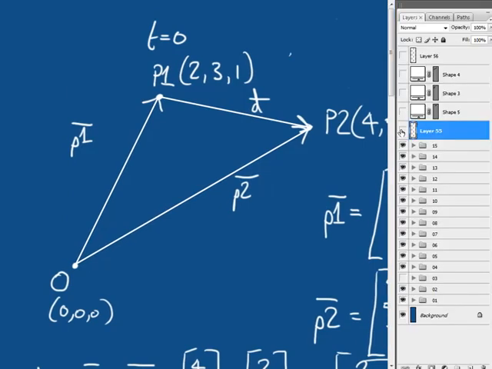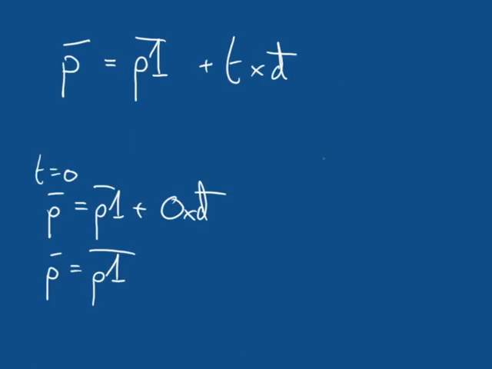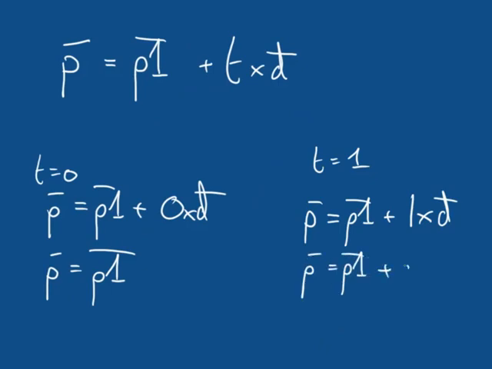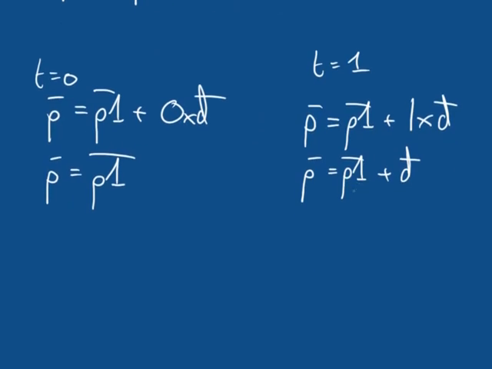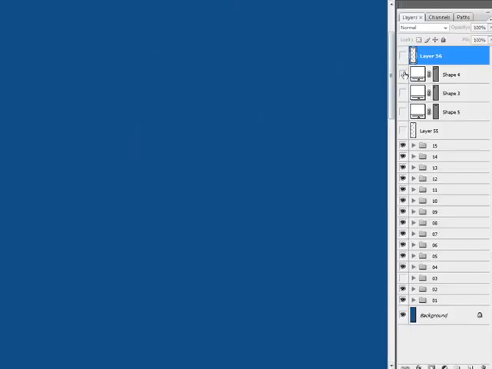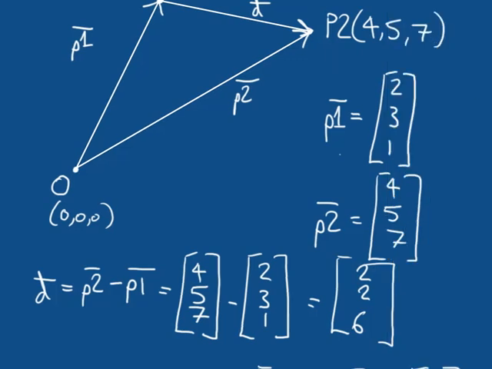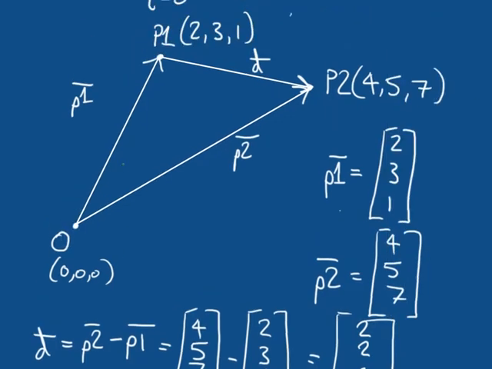We can also see if t is equal to 1, then our equation becomes P is equal to P1 plus 1 multiplied by D. Therefore, P is equal to P1 plus D, which we've already seen, but I will work through this. If P is equal to P1 plus D, then we have already seen that we travel from the origin along P1 and then along the entire length of D. Thus, that's the same as travelling along P2.